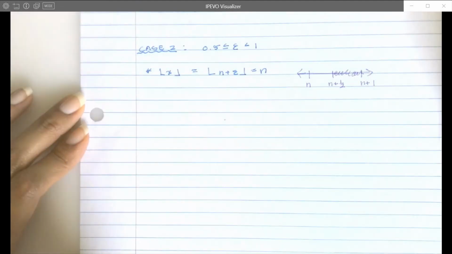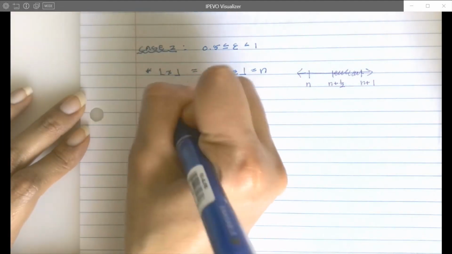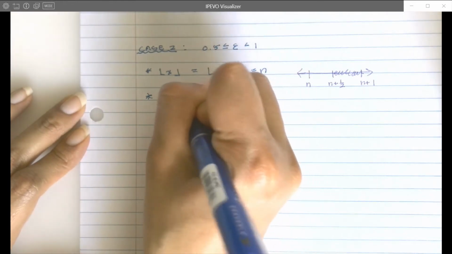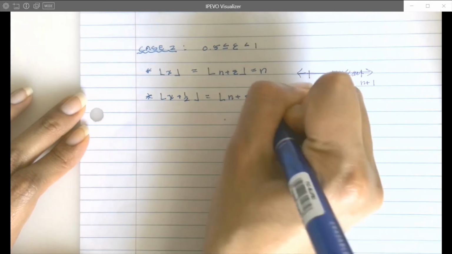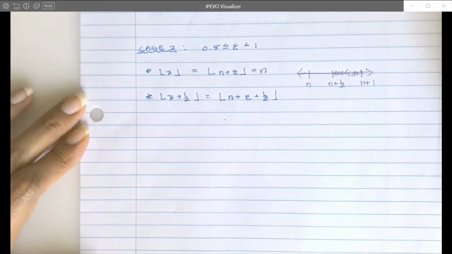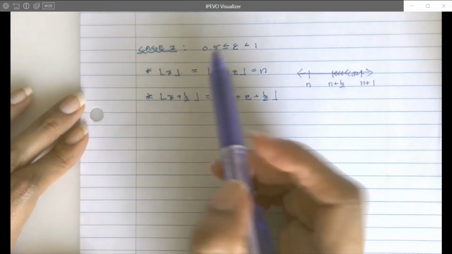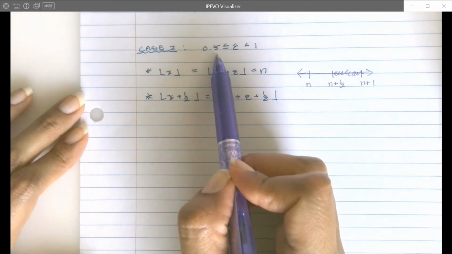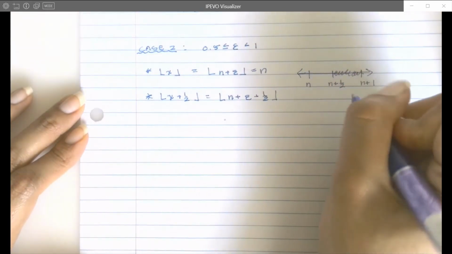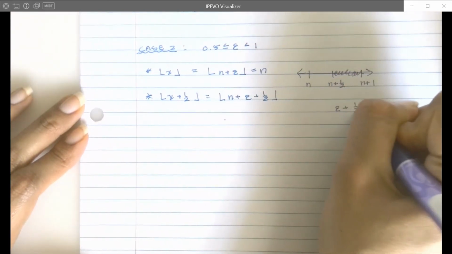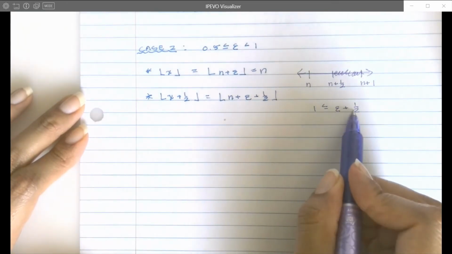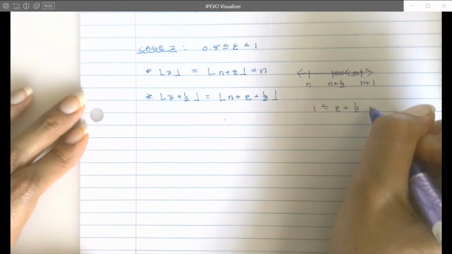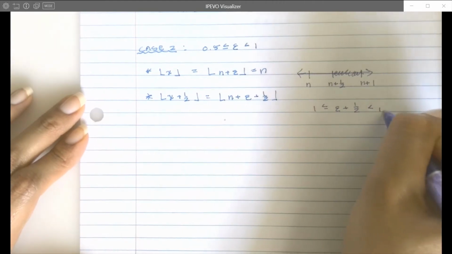Right, so in this case, this is n. Now if we take a look at the floor of x plus a half, that's going to be the floor of n plus epsilon plus 1/2. And what does that mean? Well, again, if we do a little bit of side work, epsilon is between 1/2 and 1. So then if I add a 1/2 to all three parts of the inequality, we're going to get that epsilon plus a half is greater than or equal to 1 and less than 1.5.